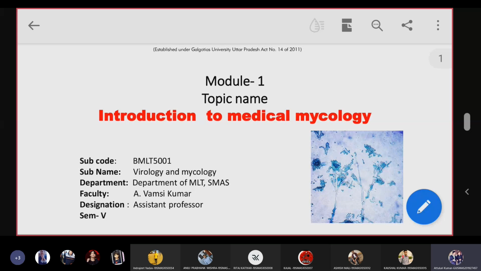So black Piedra is caused by Piedraia hortae, whereas white Piedra is caused by... Can anyone say which fungus causes white Piedra and which fungus causes black Piedra?